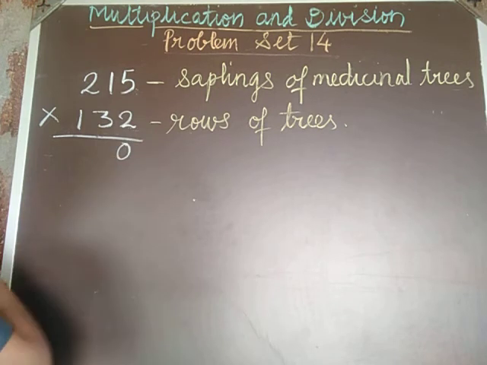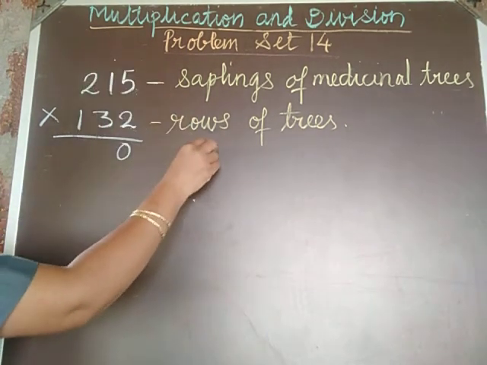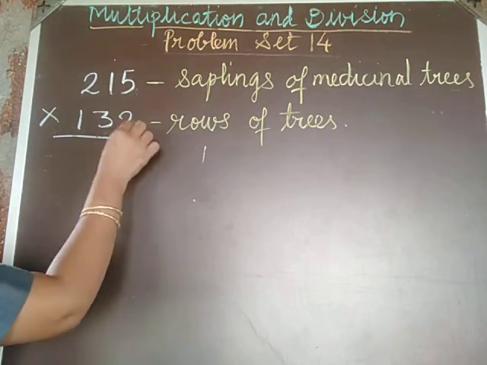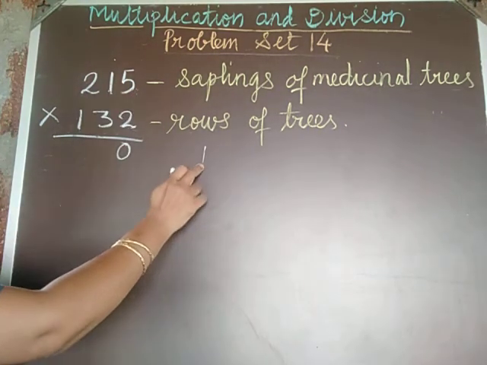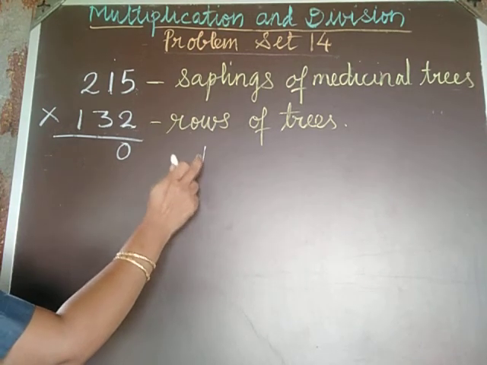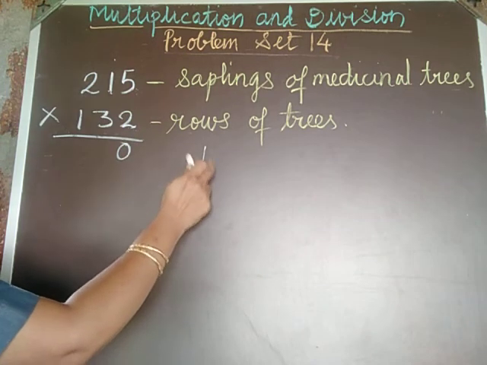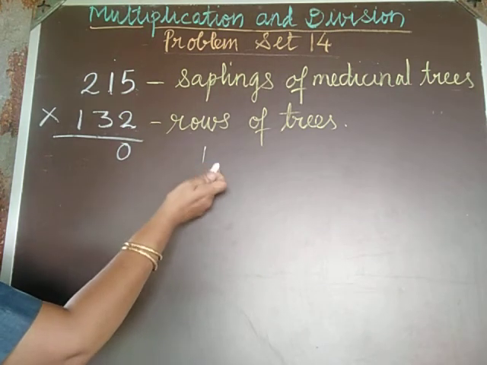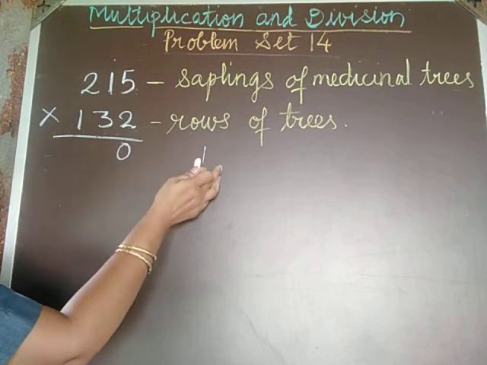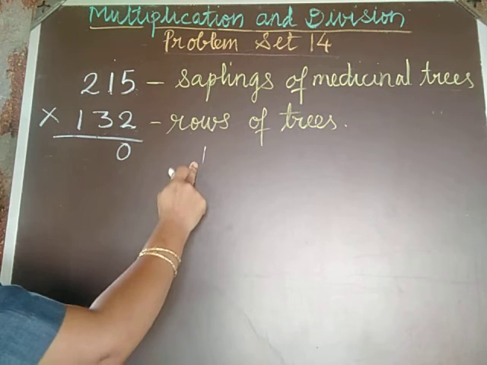So you write 0 here out of 10, carry 1, or you can write 1 here. Wherever you are carrying, you have to remember it and keep it in your mind. Otherwise, if I forget what I have carried over, the answer will be wrong. So always remember what is carried.